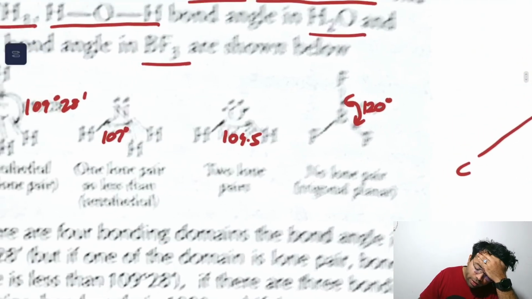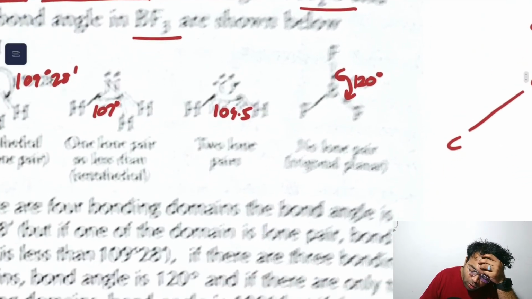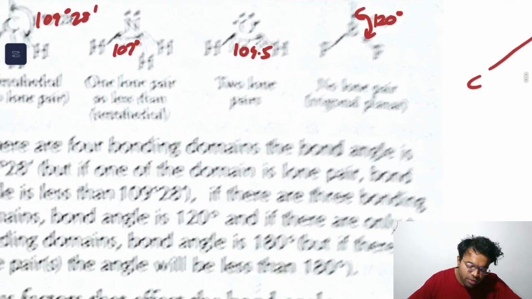Now, this is a trigonal planar structure. You're going to learn more about this in the valence shell electron pair repulsion theory. This is all part of that only. Next, if there are four bonding domains, the bond angle is 109 degrees 28 minutes. But if one of the domains is a lone pair, the bond angle is less than 109 degrees 28 minutes.